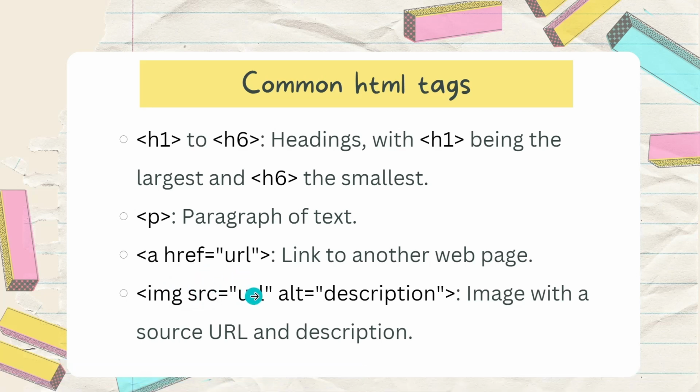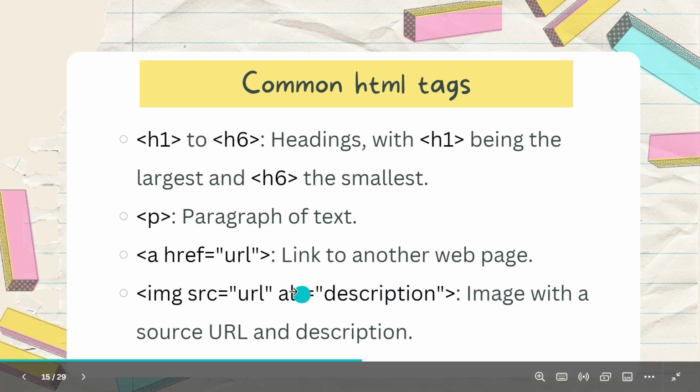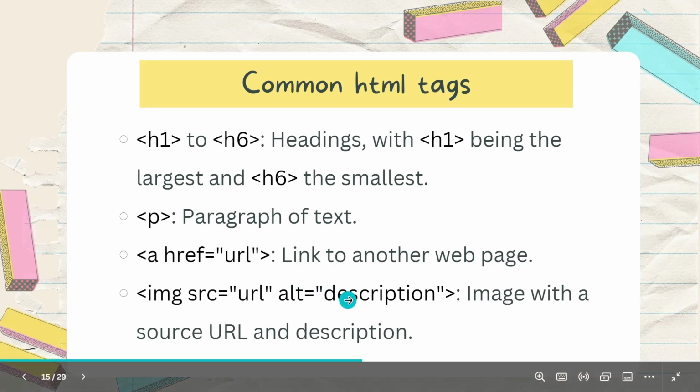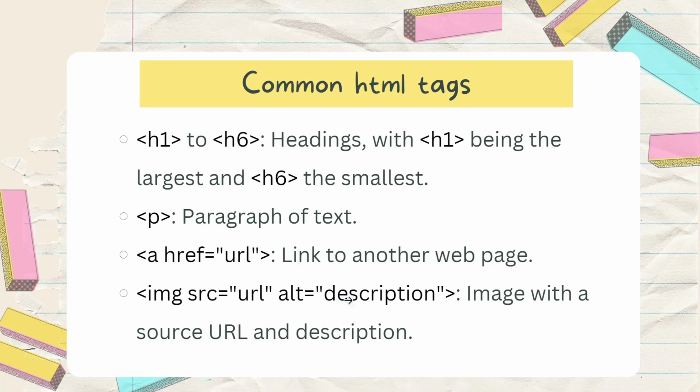It points to a URL where an image is located, and it imports it and shows it on your web page. While the alt attribute provides an alternative text for the image. You will see the usage of the alt attribute in the case of search engine optimization or for accessibility. So it comes in handy. But we'll explore that later on in the course of the class.